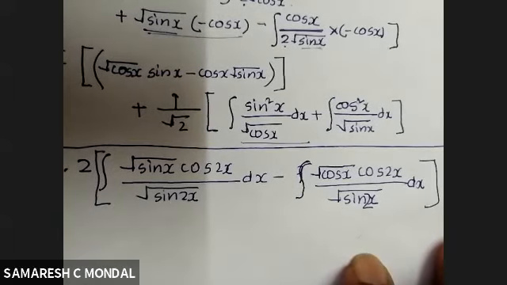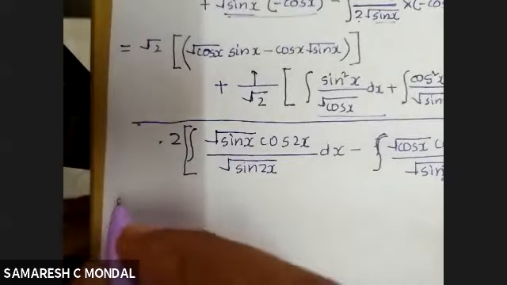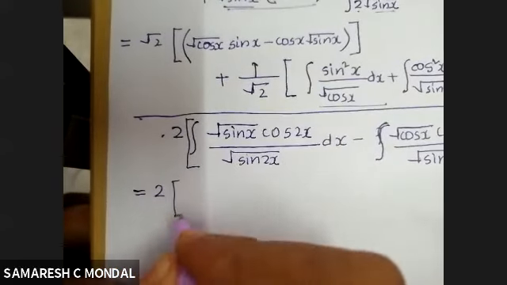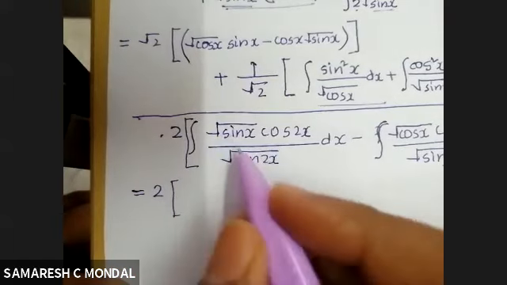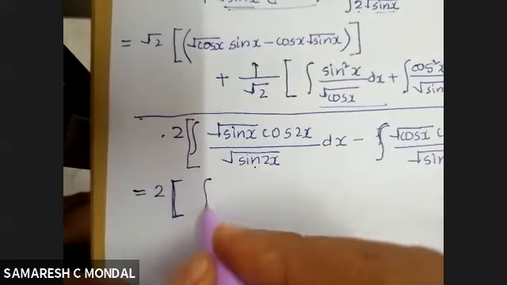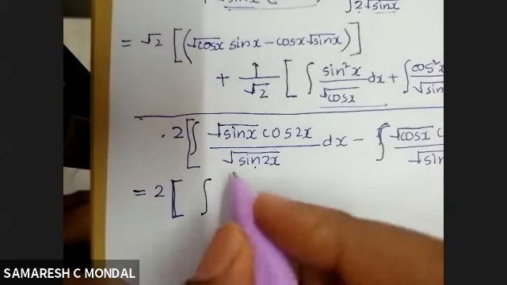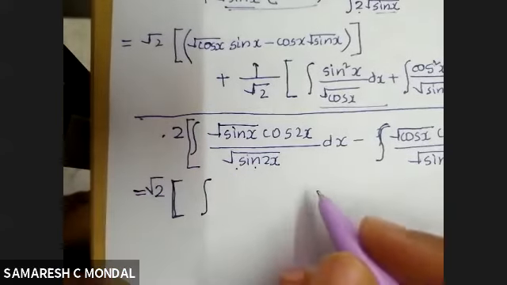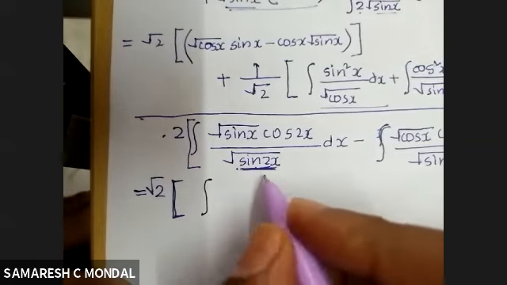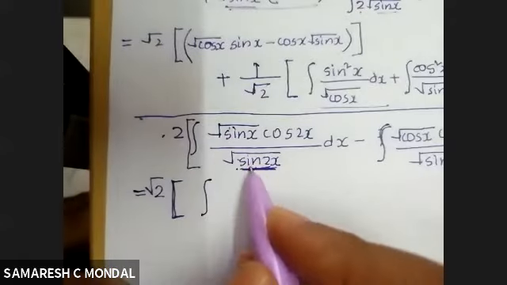So what happens in that? 2 times, here root sin x gets cancelled, and root 2 gets cancelled. So here root 2 will come, here 2 sin x cos x will come, so this 2 by root 2 and root sin x get cancelled.